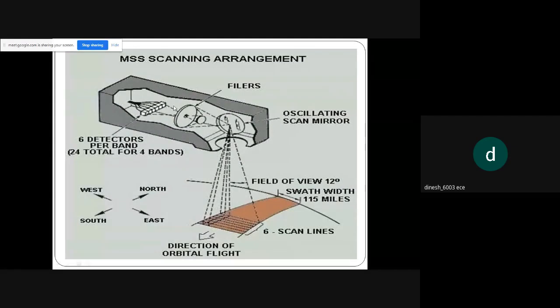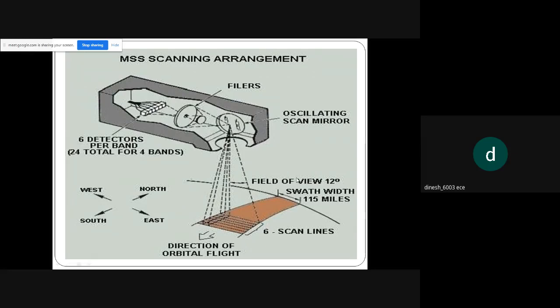These are being placed here. Then we have the oscillating scan mirror, which will be focused towards the earth, in whichever direction we want to scan. So there will be 6 scan lines, which is the resemblance of your 6 detectors per band.